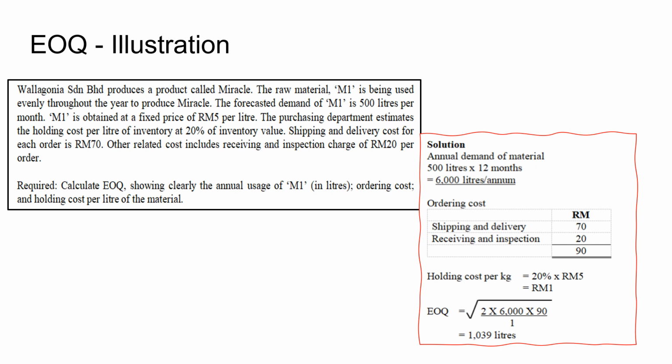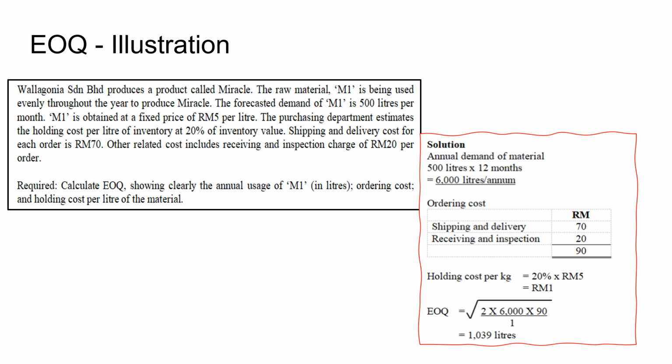So we start with the annual usage. The keyword here is annual usage, meaning you need to know the consumption of this raw material per year. As mentioned in the information, M1 is forecasted to be used at 500 liters per month. Therefore, if we want to calculate the annual usage, you need to multiply by 12 months.